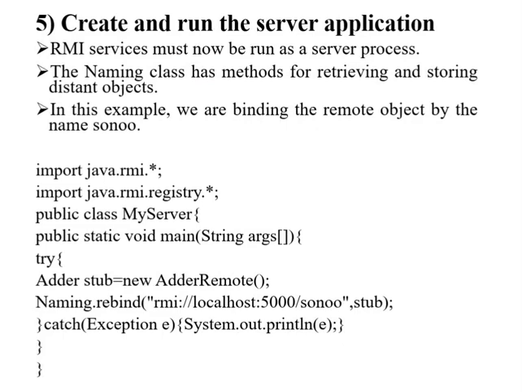Then the sixth step is how we can create and run the client application. At the client, we are getting the stub object, or we use the Naming class lookup method to fetch a stub object and then call the function on it.